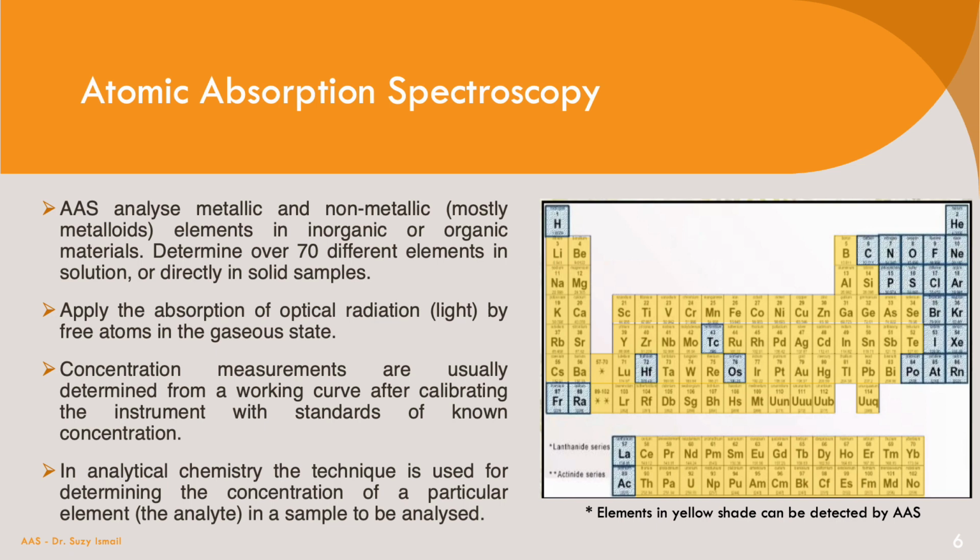When we shine light through these gases, some of those atoms absorb specific wavelengths of light. It is like they are picking certain colors from the light spectrum, and by measuring what light gets absorbed, we can tell which elements are present in our sample. So it's like a unique fingerprint of each element.